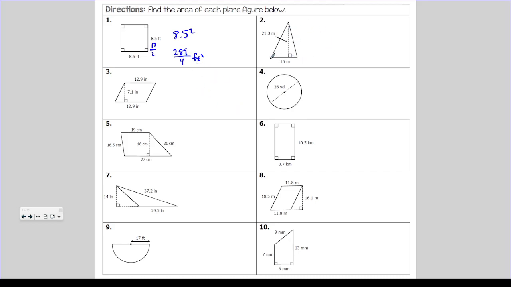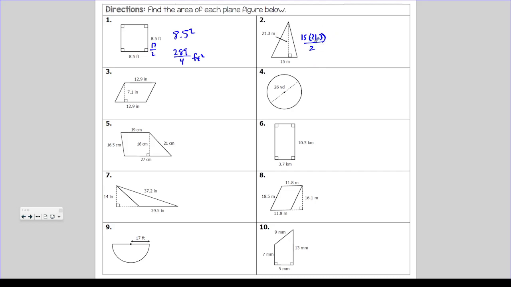The second one, we have a base of 15 and a height of 21.3. So we have 15 times 21.3. That would be a parallelogram, so we need to divide by 2 to form a triangle. And then since nothing simplifies here, we're going to multiply it out.